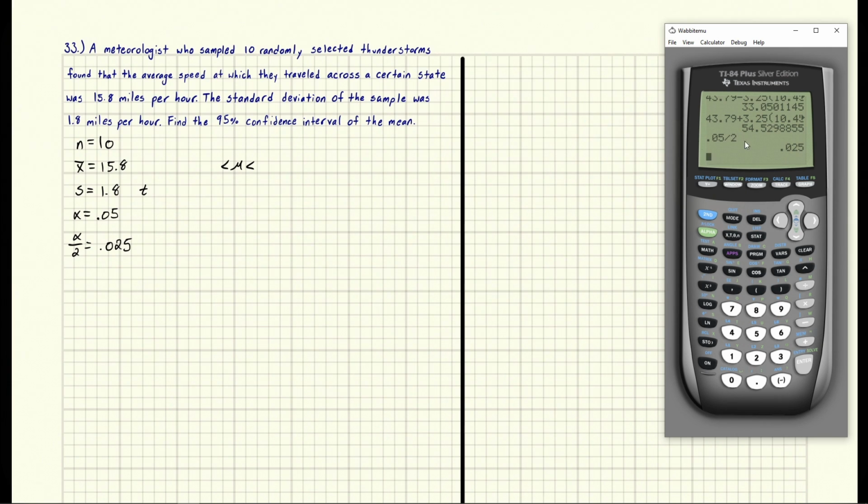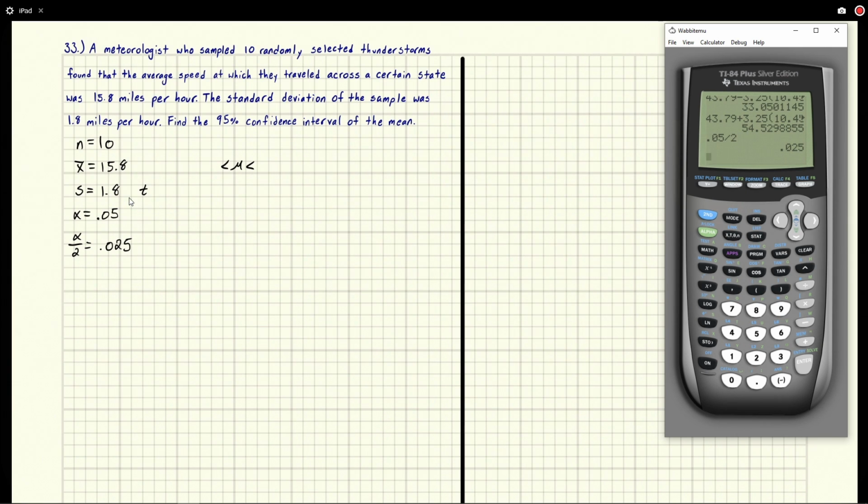We can do this directly using the calculator, or we could use the formula. We want the t formula because we have a sample standard deviation. Recall that our formula is the point estimate, and our best point estimate is always just our sample mean, whatever study we did and data we collected, minus some error.